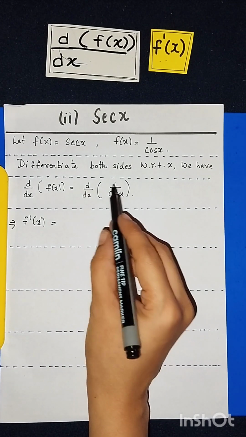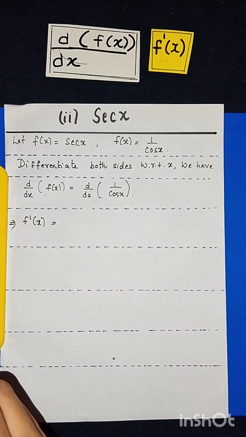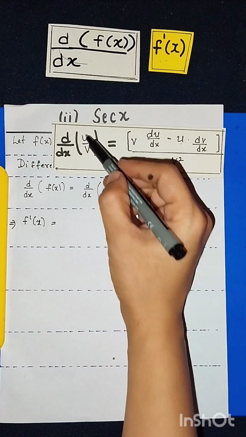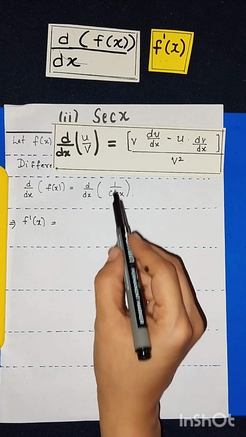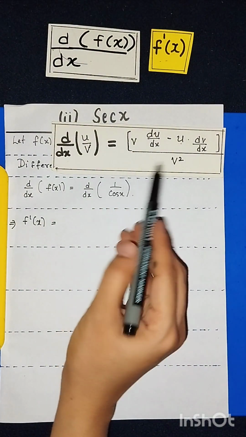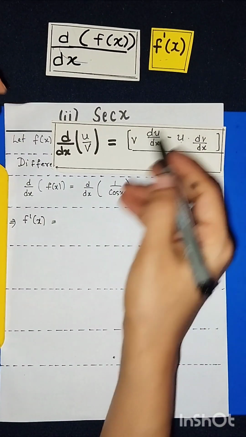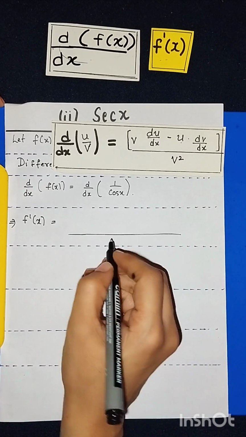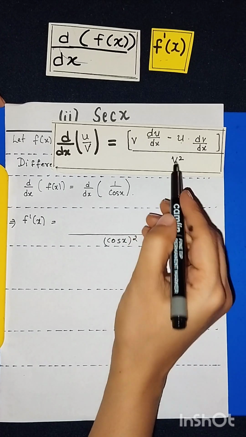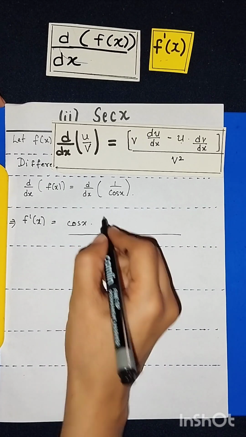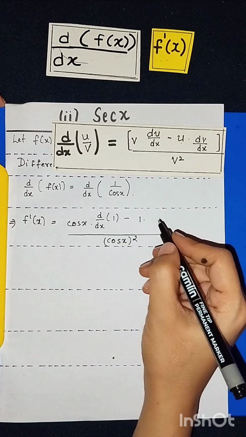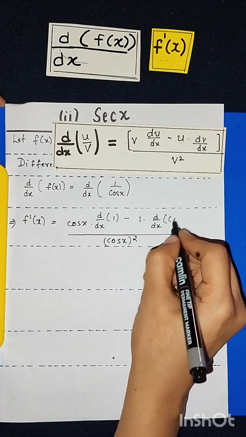So here from the algebra of derivatives, we have to apply u by v, the quotient of functions. So we have to apply this formula. So you will get in the denominator cos x the whole square, and in the numerator cos x into d by dx of 1 minus 1 into d by dx of cos x.